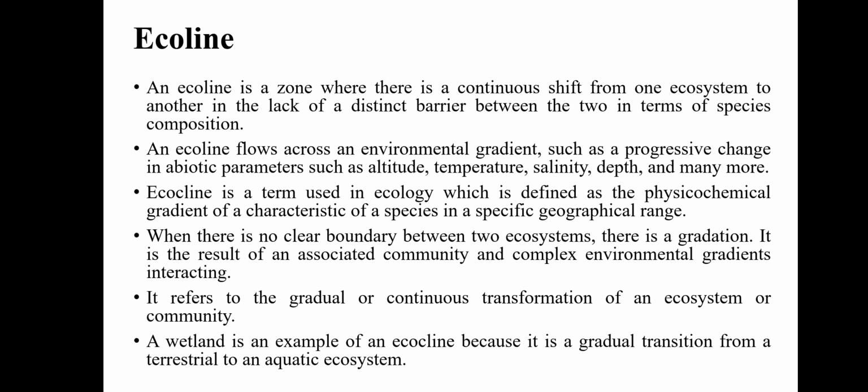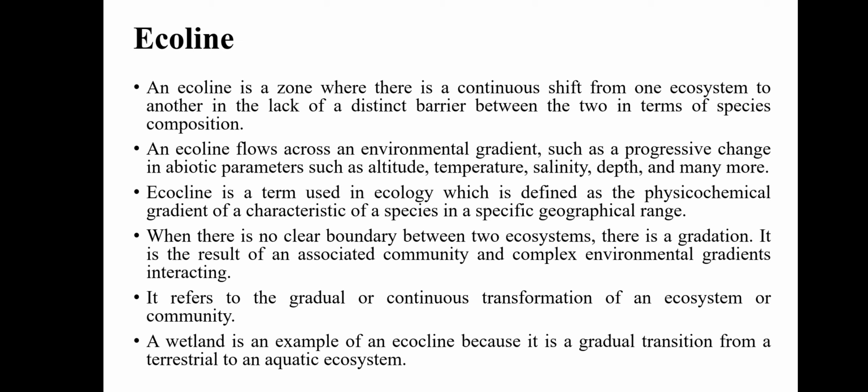Ecoline is a zone where there is a continuous shift from one ecosystem to another in the lack of distinct barrier. There is a lack of distinct barrier between two communities, but there is a continuous shift from one ecosystem to other in terms of species composition.